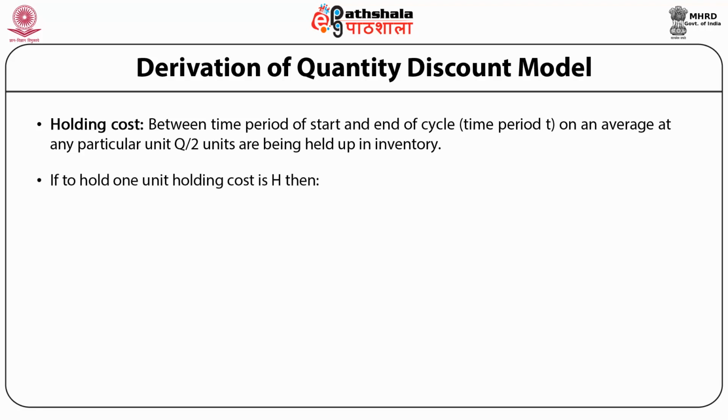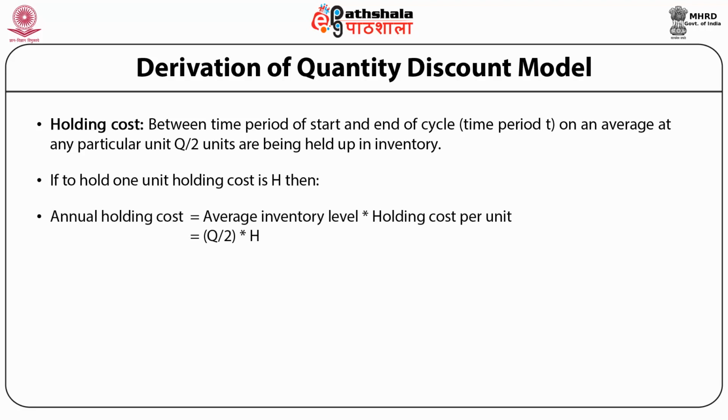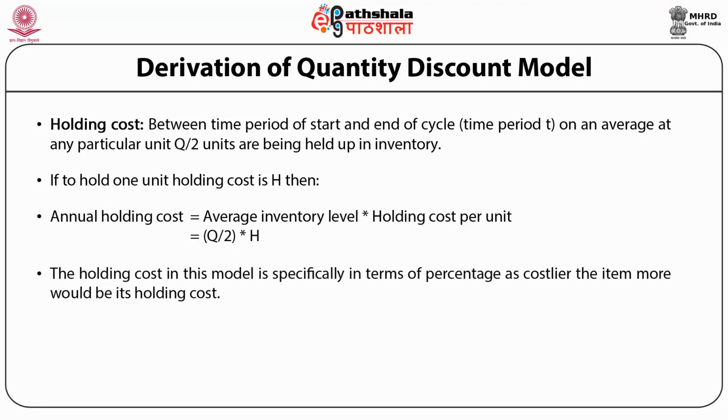If the holding cost to hold 1 unit is H, then annual holding cost equals average inventory level times holding cost per unit, equal to Q upon 2 into H. The holding cost in the model is specifically in terms of percentage. The costlier the item, the more its holding cost would be.